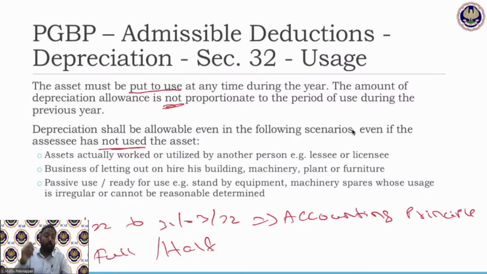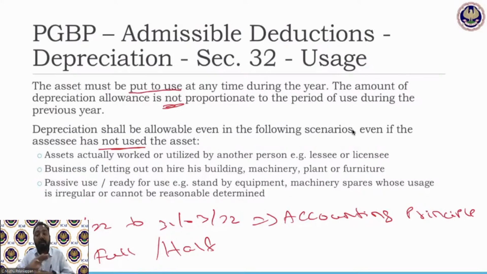asset. So what situation? The first is, it is actually utilized by another person. I have rented a car. His business is to rent out cars. So which means even if the car is used by me, the car is technically used for his business, because the asset is recorded in his books of account. I am only paying rental.